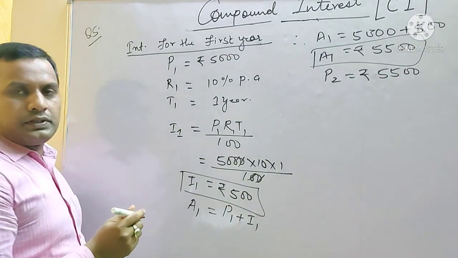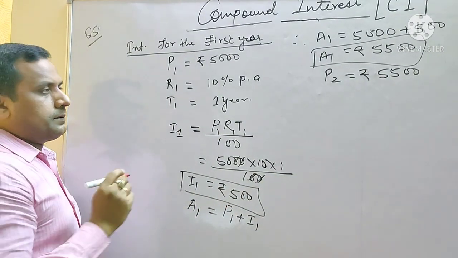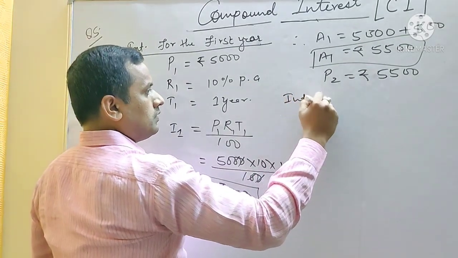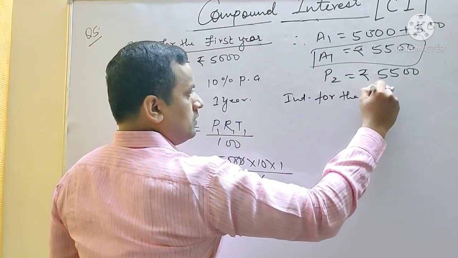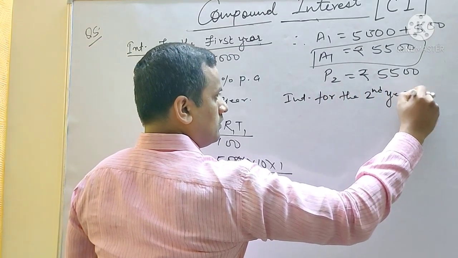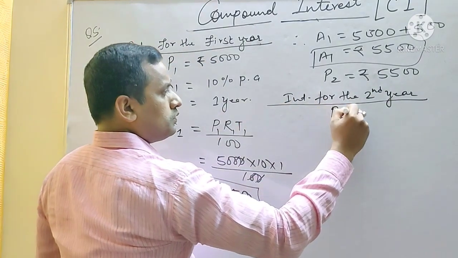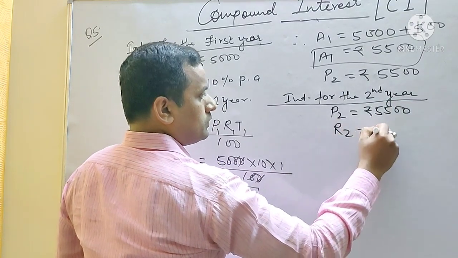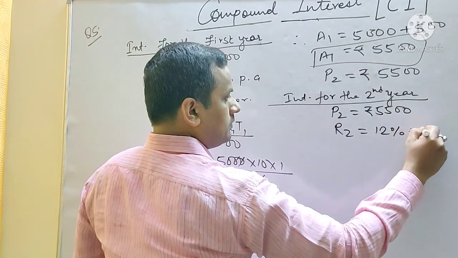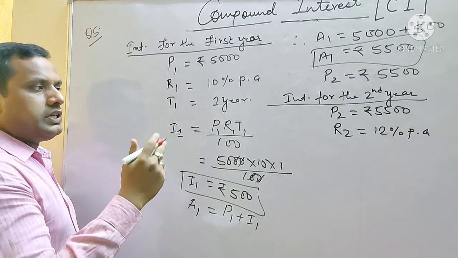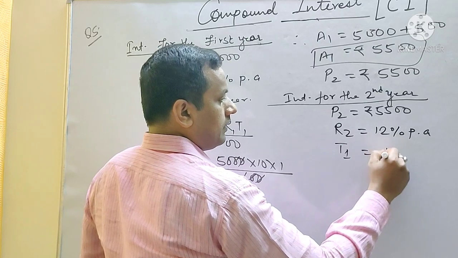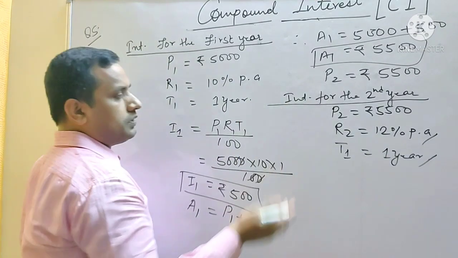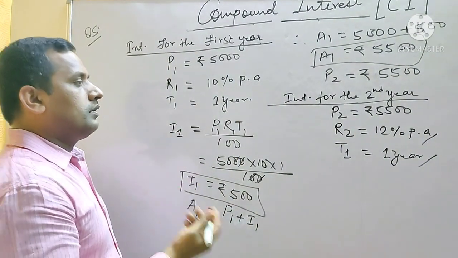Now the second part, interest for the second year. P2 is rupees 5,500, R2 is 12% per annum because in the successive year the rate has changed, and time for the second year is 1 year. Both are in years, so there is no need of changing the time.